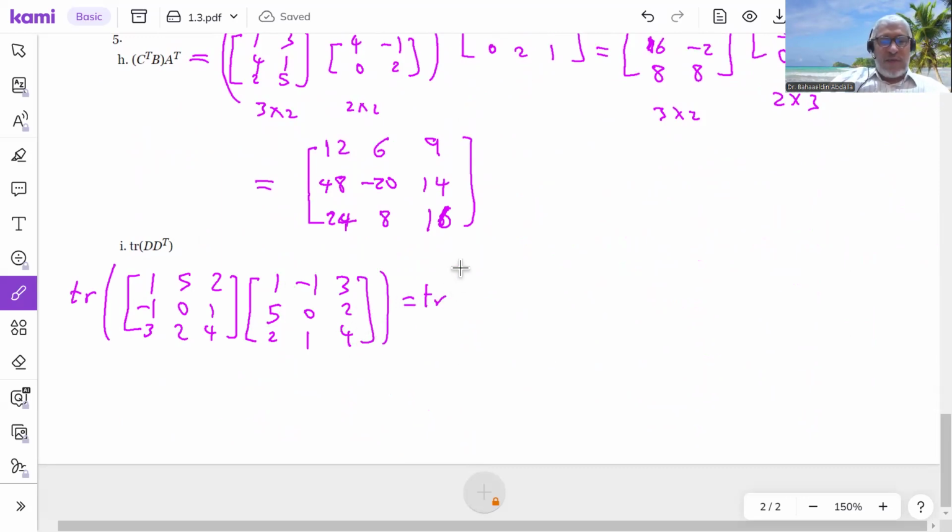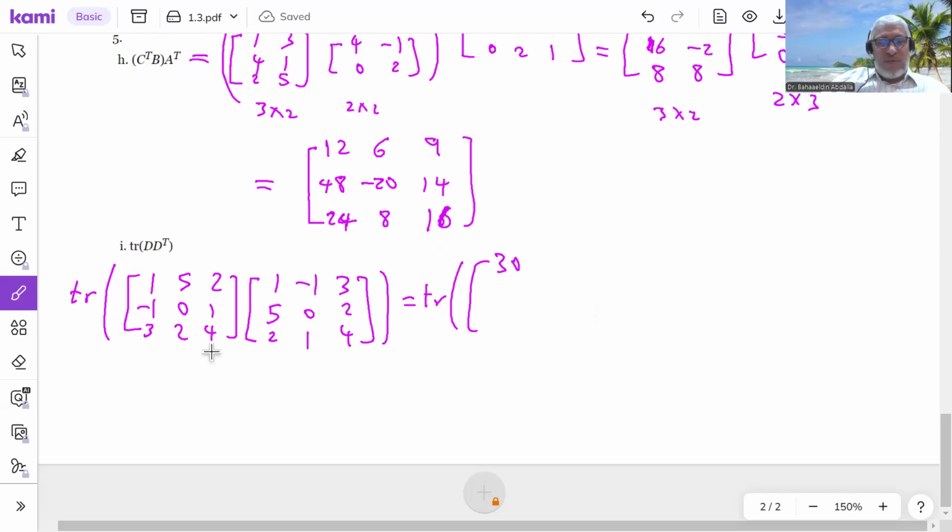So I need to find the trace of the following matrix. Multiply the first row by the first column. 1 plus 25 plus 4, that's 30. Notice here, I just need the trace, which means I need the numbers on the main diagonal.